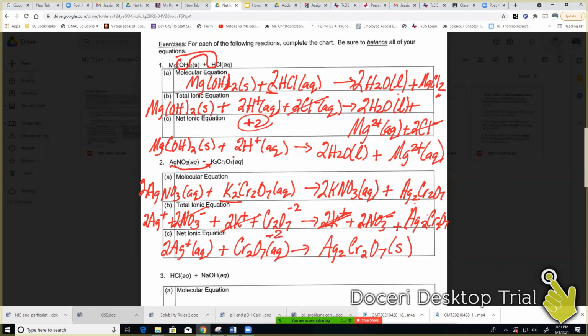This is a minus 2. So once again, I am balanced with regard to my elements and also my charge. I have a plus 2 here. I have a minus 2 with that compound. So overall, that cancels out. It's neutral. And then on my product side, it's also neutral. So I've met all of the things that I need to meet for it to be a good balanced equation.